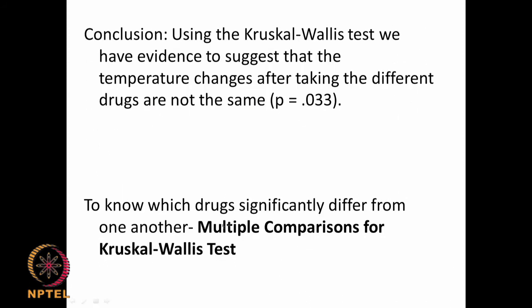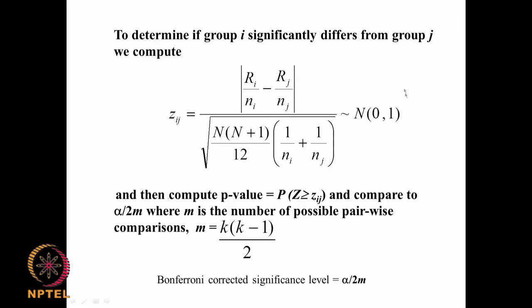Once you do that, you go into multiple comparisons for the Kruskal-Wallis test. In that multiple comparison you calculate something called Zij, that is comparing two cases i and j, and then you calculate the probability from this. After that there is something called the Bonferroni corrected significance level, where alpha, if you take it as 0.05, over 2m, m is given by k into k minus 1 by 2, where k, here we have 3 drugs, so k becomes 3, k minus 1 becomes 2.